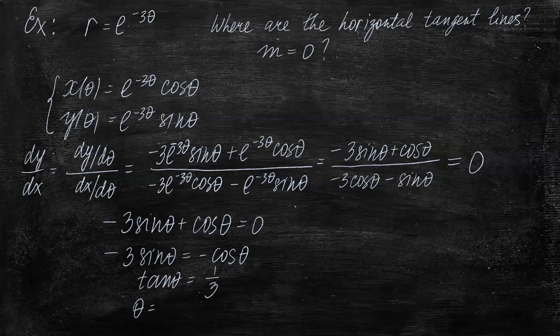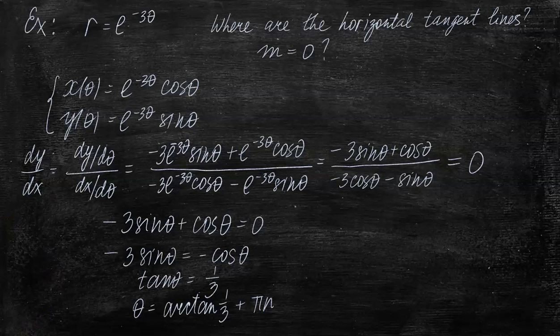It will happen when theta is equal to arctan of 1/3 plus pi n. So there will be infinitely many points where this curve will have a horizontal tangent line.